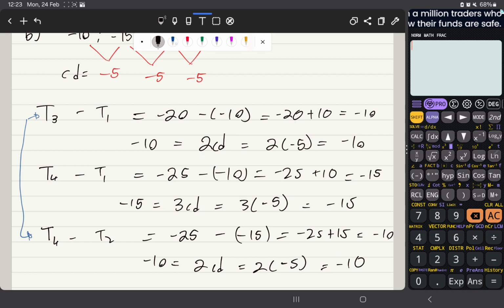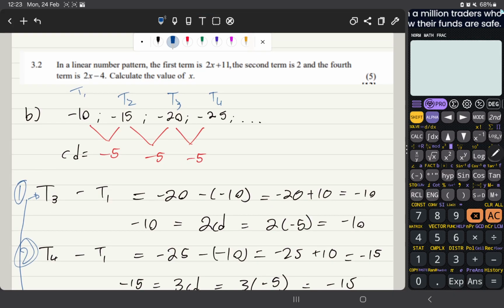Say this is number 1, this is number 2, and this is number 3. If I take number 1, from T1, how many terms do we count to get to T3?